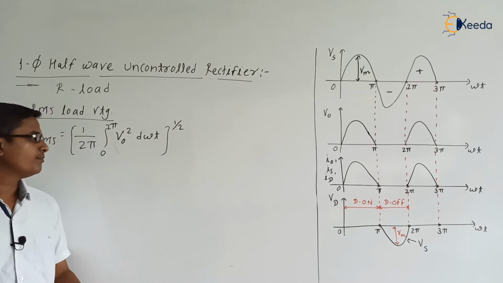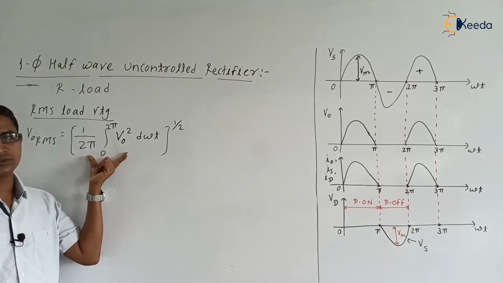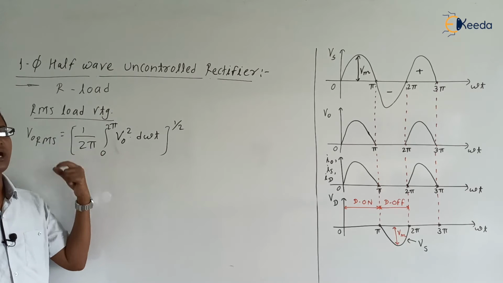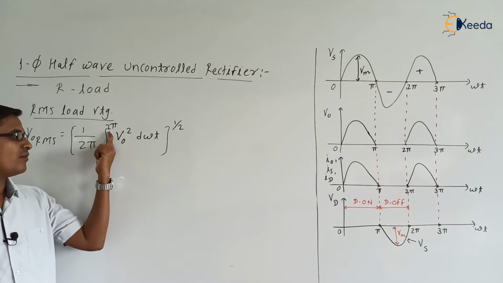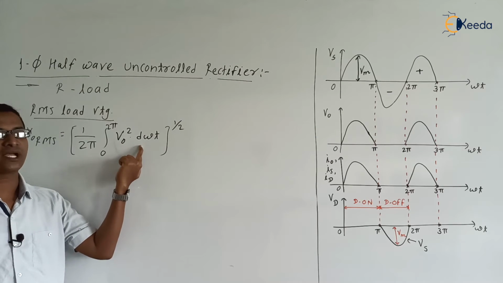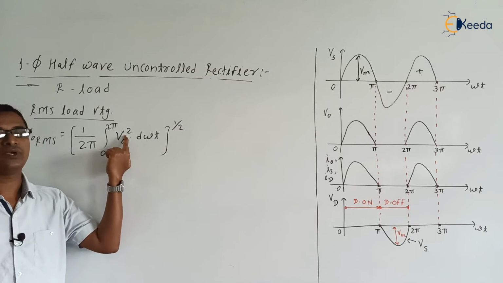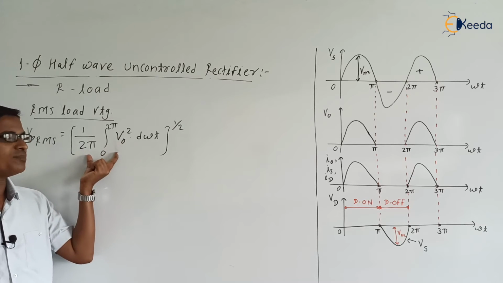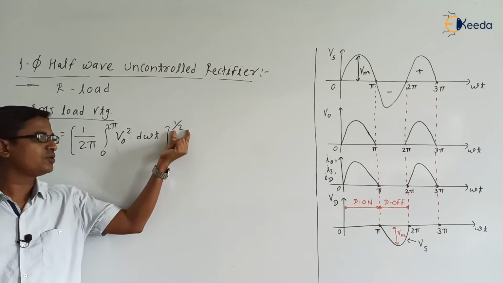If you check the difference between V0 average and V0 rms, in V0 average we integrated only V0 d omega t, but now it is V0 square: we are squaring it, taking the mean of the squared values and putting it under the root.